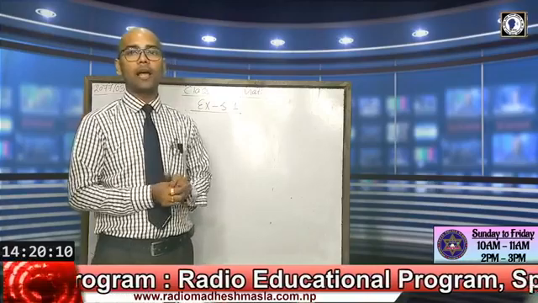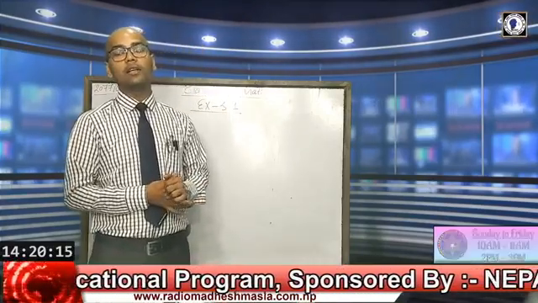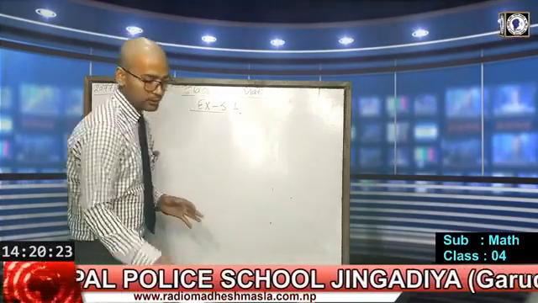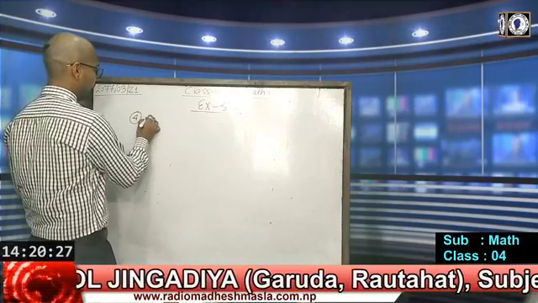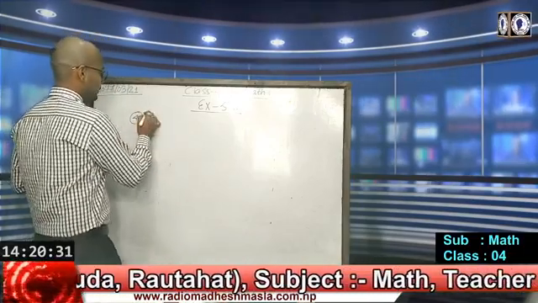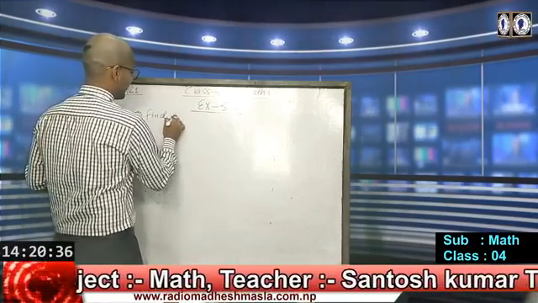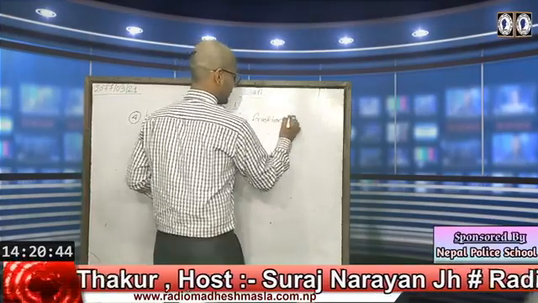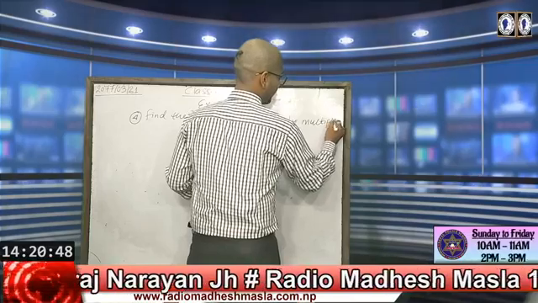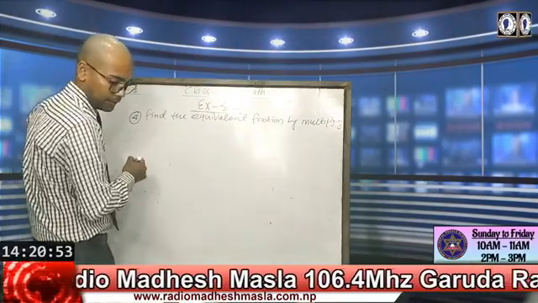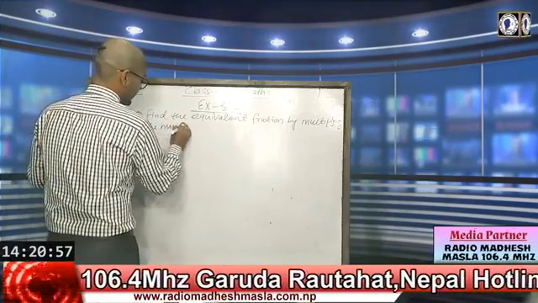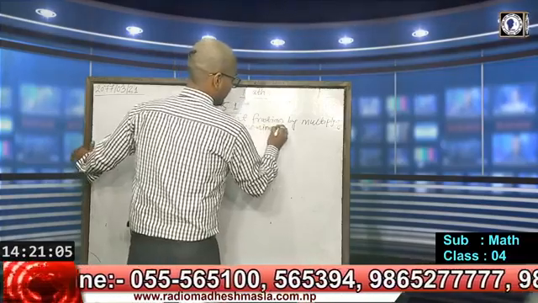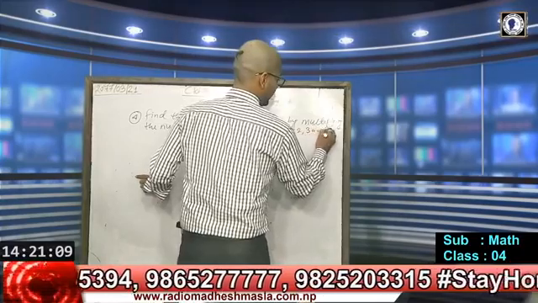Dear students, we have already learned how to find the equivalent fraction by the multiplication method, and this is also a way to do it. So for question number 4, part A, we have to find the equivalent fraction by multiplying the numerator and denominator by 2, 3 and 4 respectively.